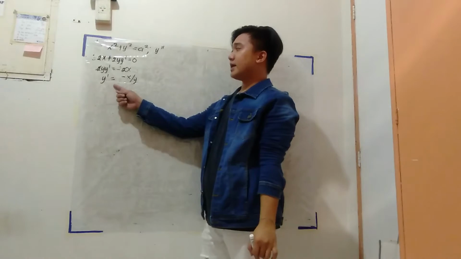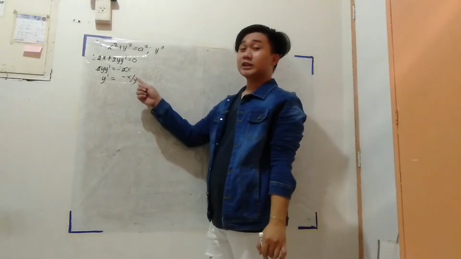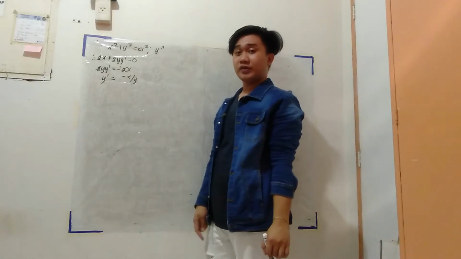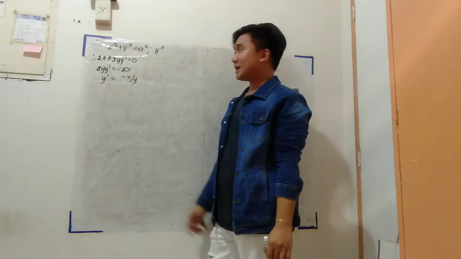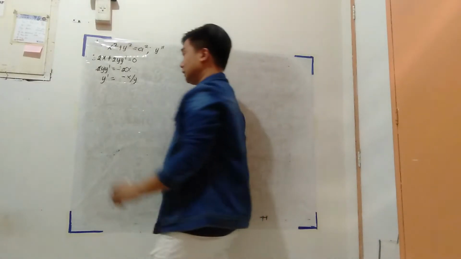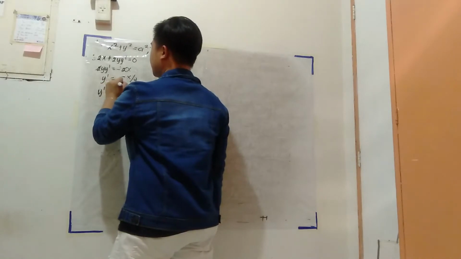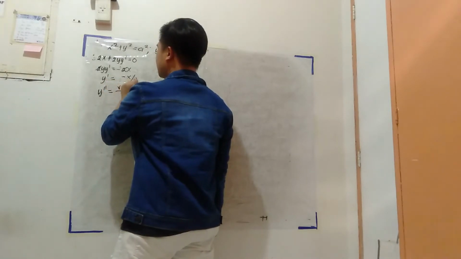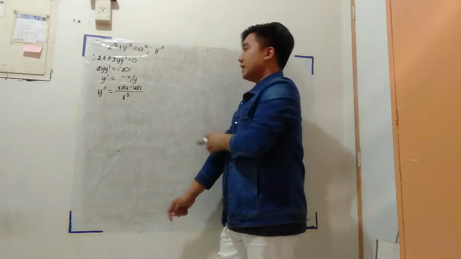So, may y prime na ako. Okay? At kung i-observe ko yung y prime, meron ulit akong quotient. So, that's u over v. So, v du minus u dv lang po ulit para makuha ko yung y double prime. So, y double prime is equal to v du minus u dv all over v squared. Okay?